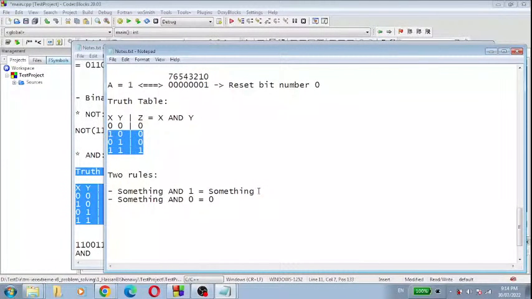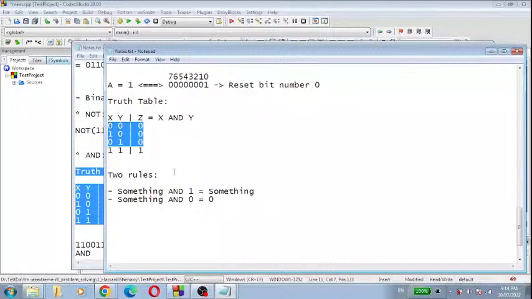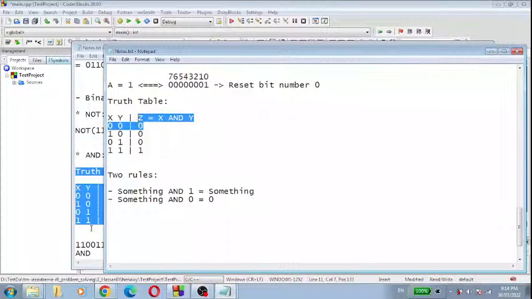So these 3 entries represent this rule, and these 3 entries here represent the other rule. 1 here is ended with 0, you got 0. 1 here is ended with 0, you got 0, and the 0 here is ended with 0, so you got 0. So that's it. It's very easy.